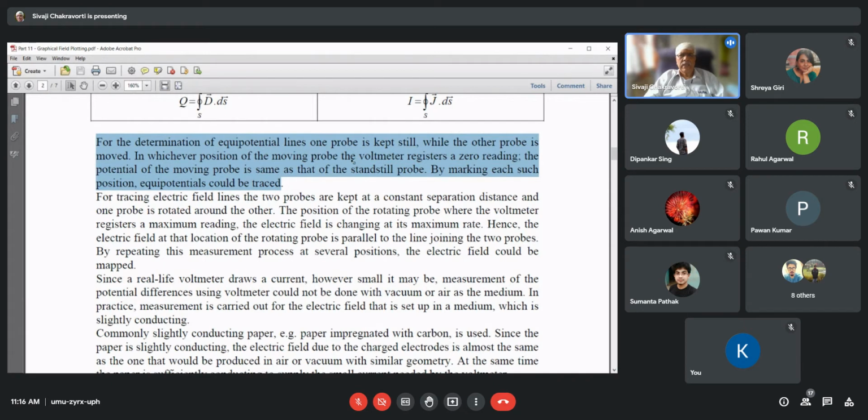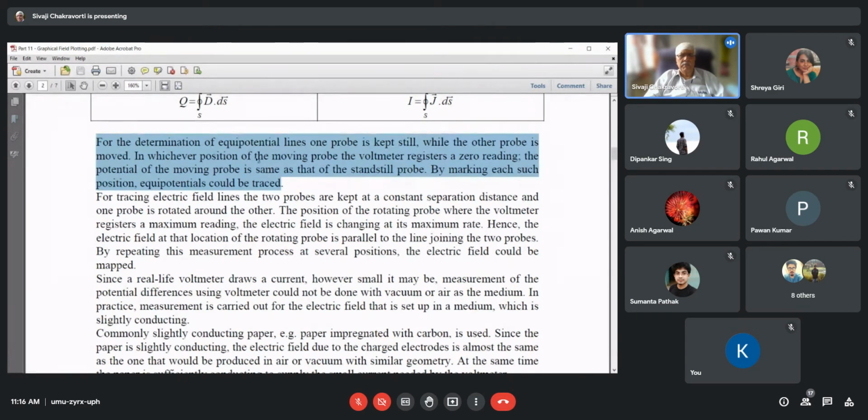I keep one probe at one point on that conducting paper, fixed, and the other probe is moved.